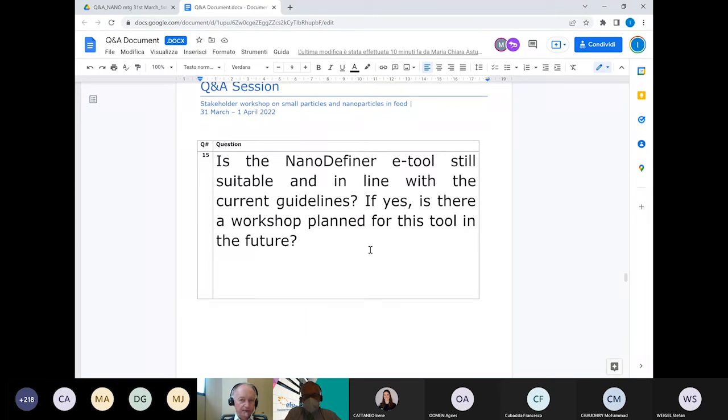Maybe it's also interesting to know that, well, most of you are aware that a new definition of nanomaterial will be published very soon, and the e-tool will be updated to be in line with the new definition. But please, it's only for the European Commission's recommendation of a definition of nanomaterial, and not for general use within this guidance here.